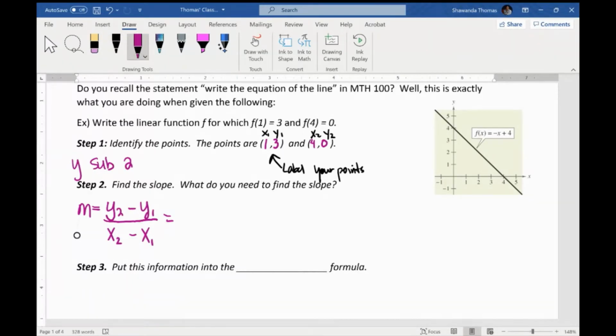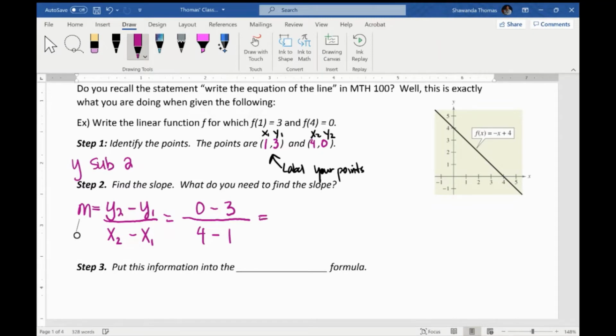So tell me, in my slope formula, what should I put in the numerator right now? Y sub 2 minus y sub 1 is 0 minus 3. All right, divided by, what about x sub 2? You said 4 minus 1.